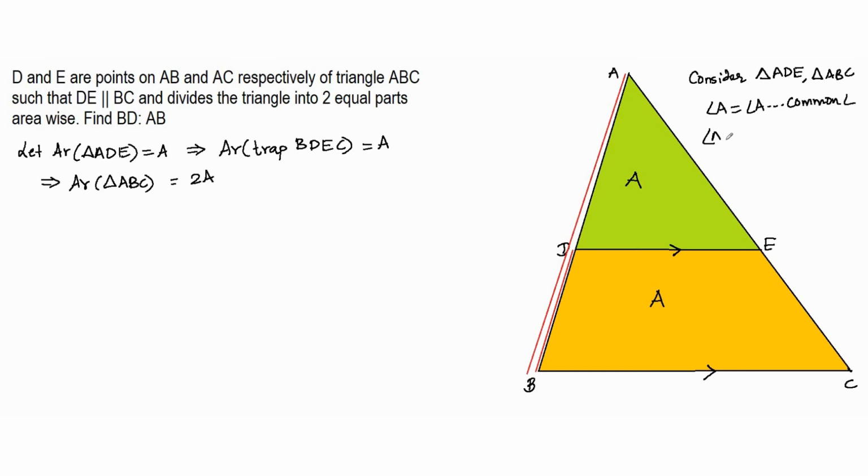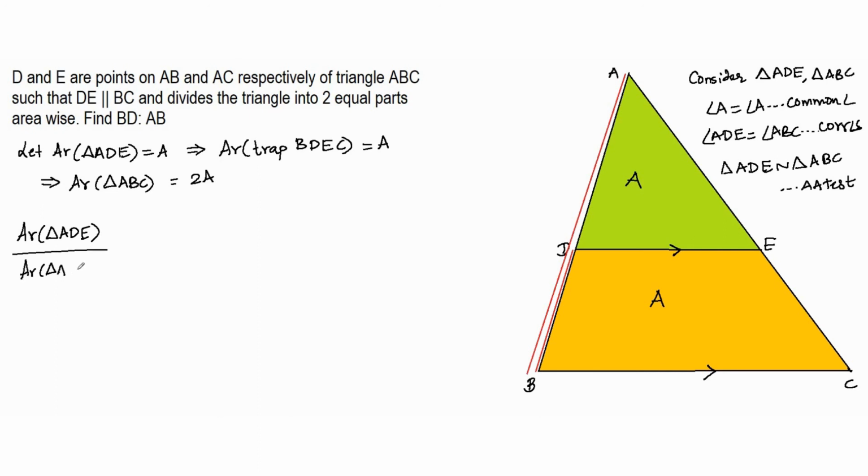I can also say that angle ADE is equal to angle ABC because these are corresponding angles, and therefore triangle ADE is similar to triangle ABC because of the AA test, correct? And because these are similar, I can say that the area of triangle ADE divided by the area of triangle ABC is going to be (AD upon AB) the whole square.